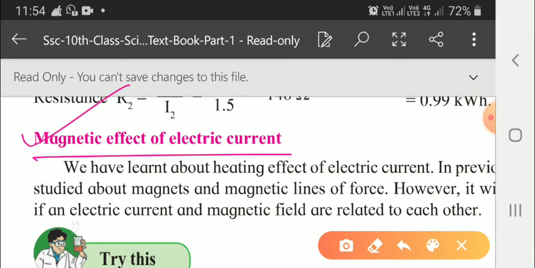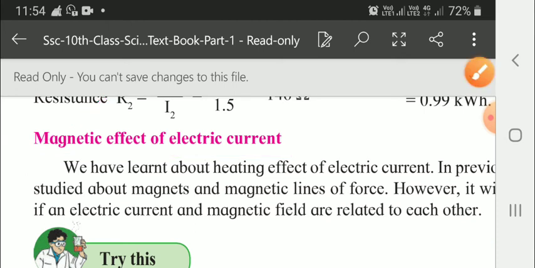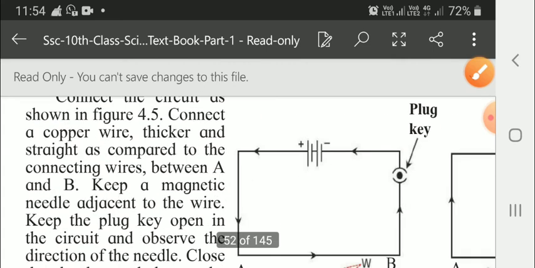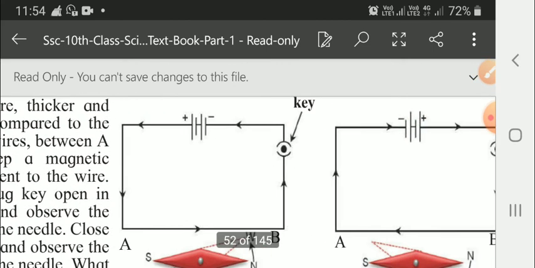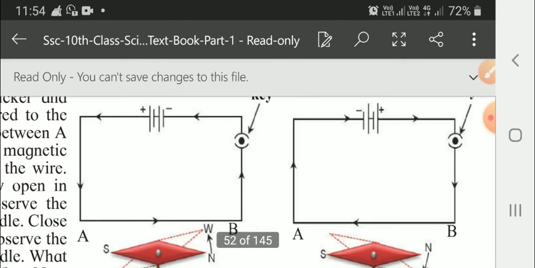Let us see one activity, children. Here is the diagram you see now. You have to arrange the circuit as in this diagram, and then you have to connect a copper wire thicker and straight as compared to the connecting wire.